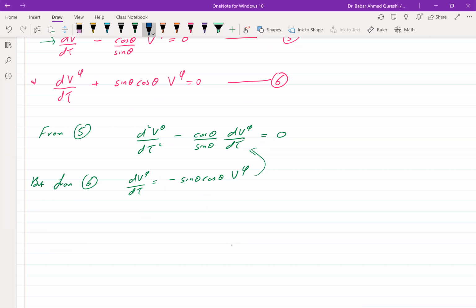So this gives me d2 v theta over d tau square plus, so sine cancels, cosine square theta v theta of tau is 0.